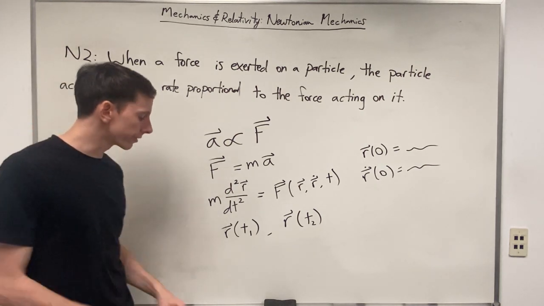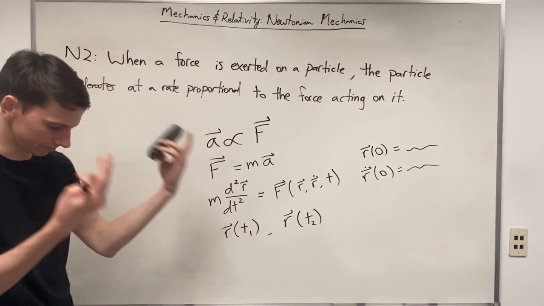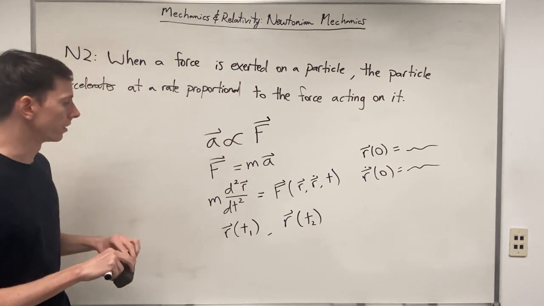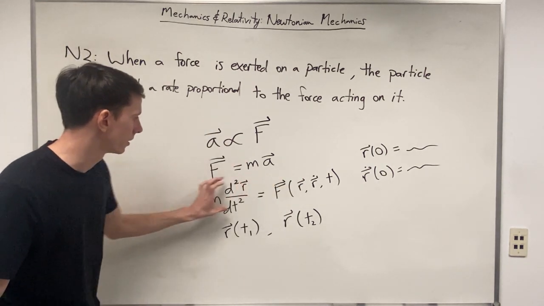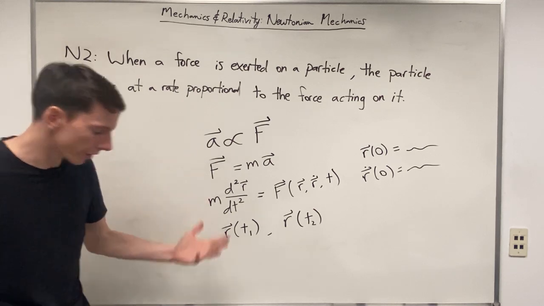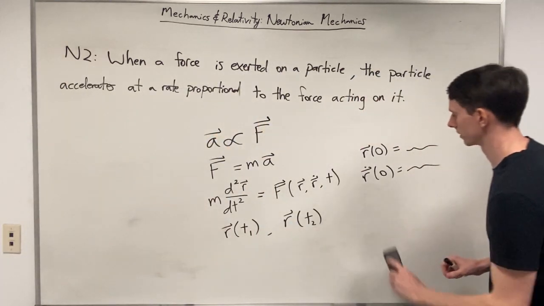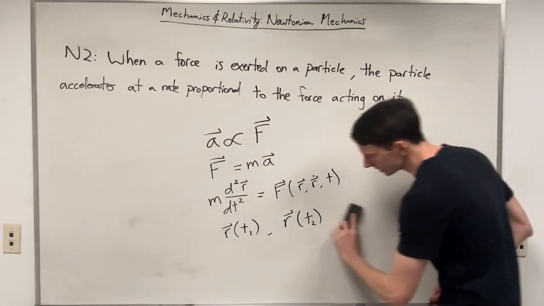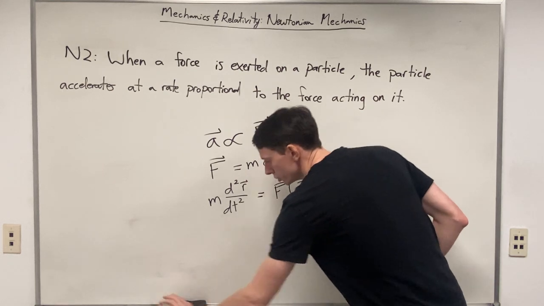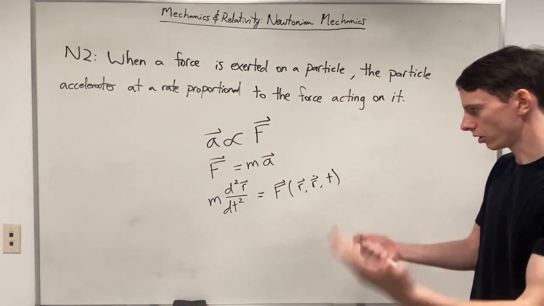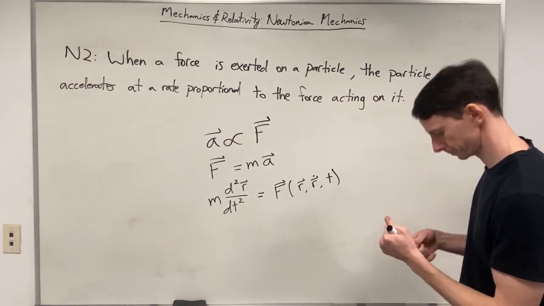Now, one final thing that we're going to introduce, just because this comes up in the way that we formulate Newton's second law. There's another way which we can express Newton's second law, not necessarily in terms of position, but in terms of a new quantity, which we're going to call this vector p, okay?